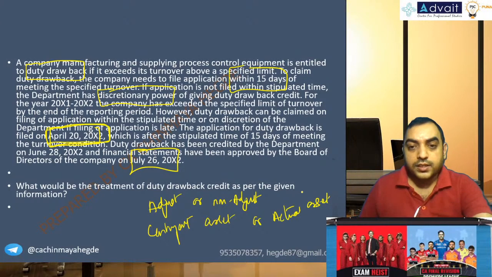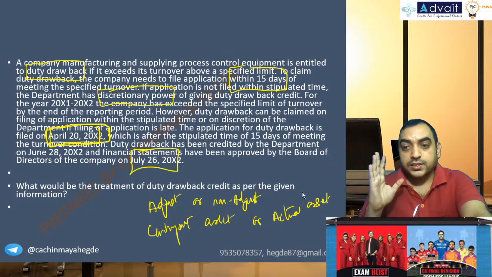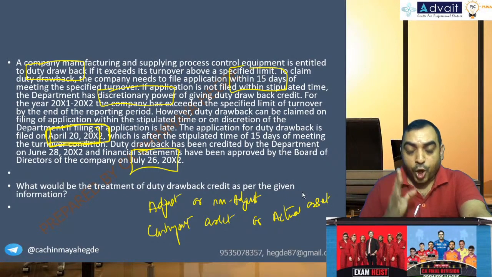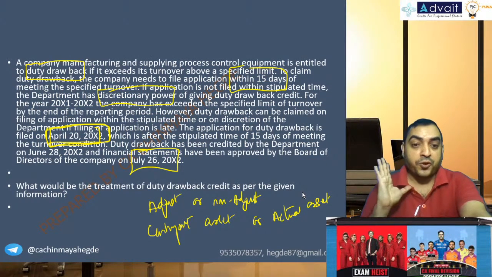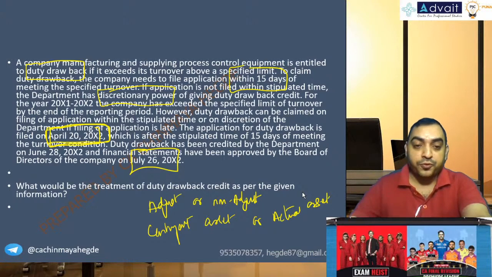This is, I think, a recent RTP question, and it is a problem related to Ind AS 10, events occurring after the balance sheet date, as well as relevant for Ind AS 37. It is a combination of both. So please read it carefully and think. Important from the exam point of view.